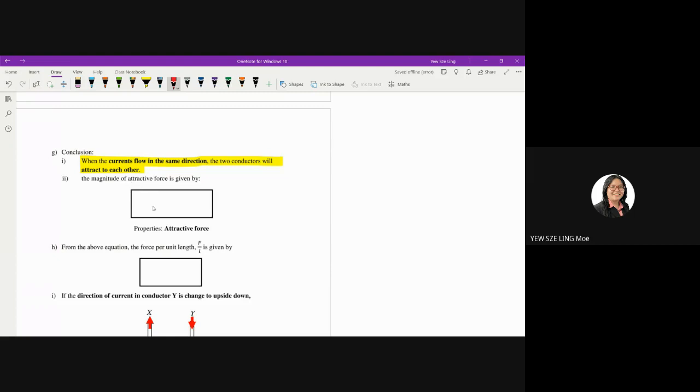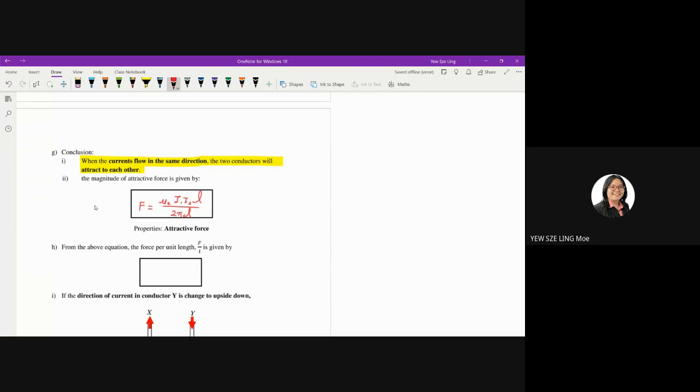So the attractive force is then given by F equals mu naught I1 I2 L over 2 pi d, derived from the previous example.